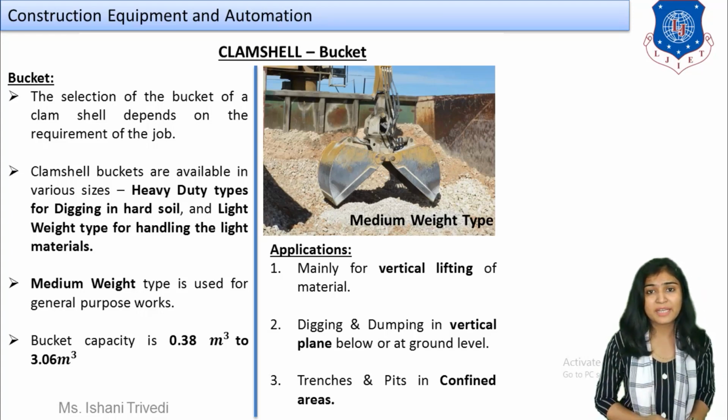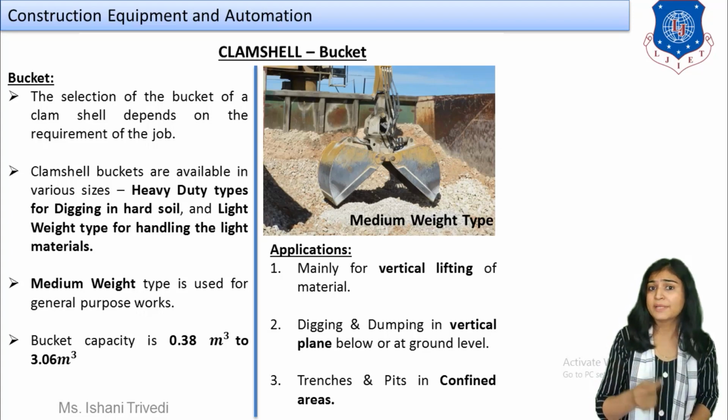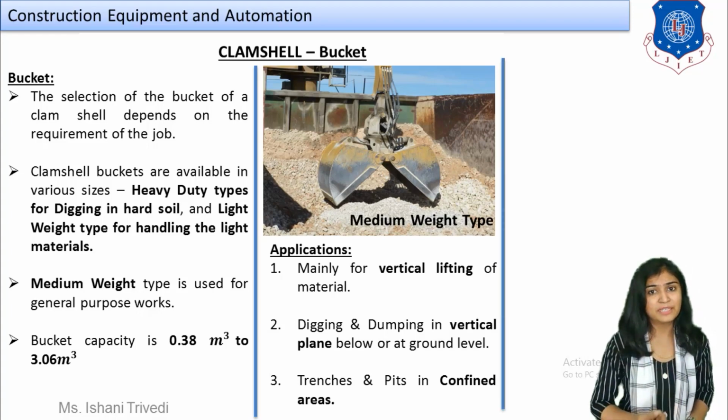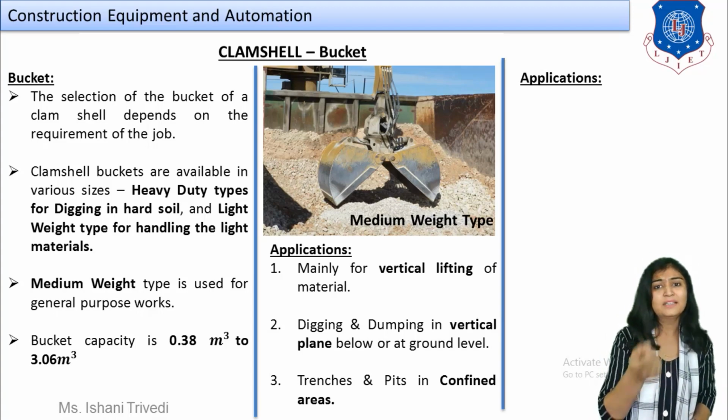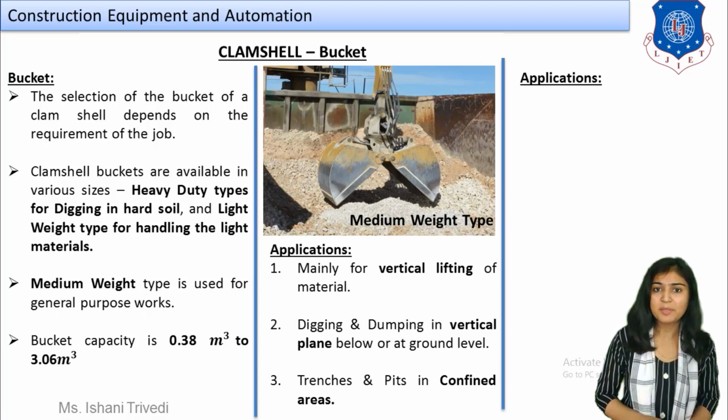If you want to carry out excavation work for a foundation trench or a trial pit, and the area is such that the adjoining property is confined and you cannot disturb the side properties, or if you are dealing with an area containing water, then in such confined areas you can extend the crane and work can be performed with the clamshell.